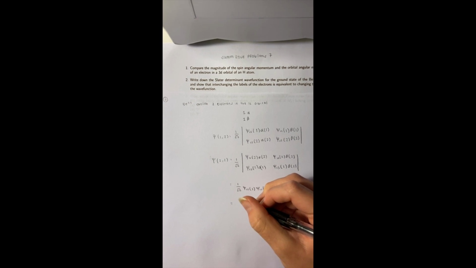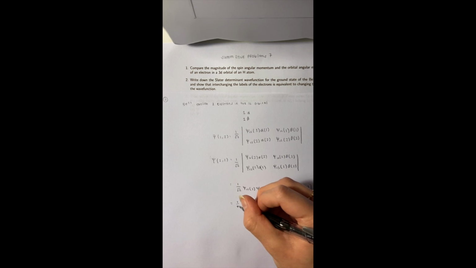And even further, we can go 1 over root 2 psi 1s(1) psi 1s(2) times, like this, negative alpha(1) beta(2) minus alpha(2) beta(1).